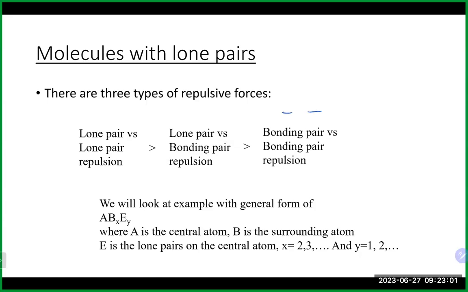The next, which gets a little bit worse, is when you have lone pairs near bonding electrons, dots and lines near each other. They don't like to be near each other. The worst situation in terms of repulsion is free, non-bonding electrons near each other, dots near dots.